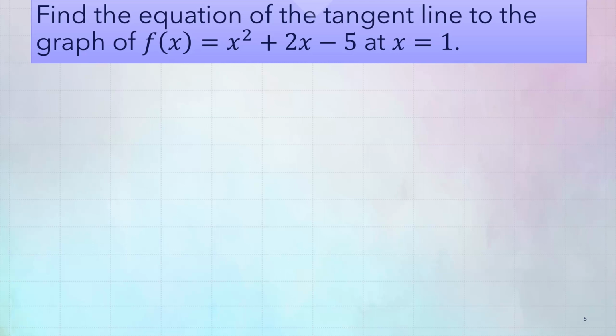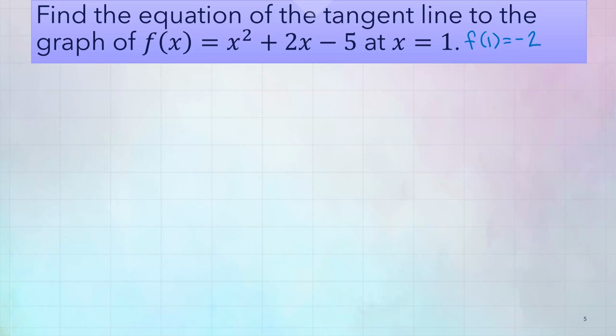Okay, so for here, there's the function, and we're looking for the tangent line when x is 1. When x is 1, f of 1 is 1 plus 2 minus 5, which is negative 2.